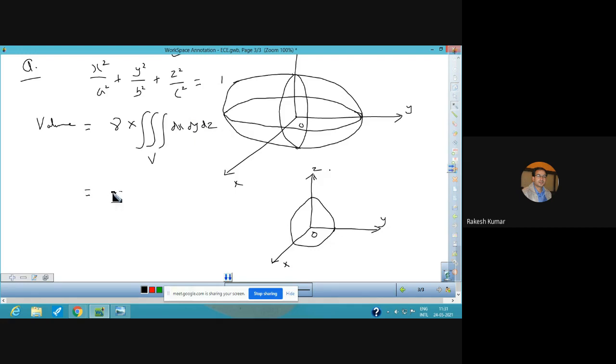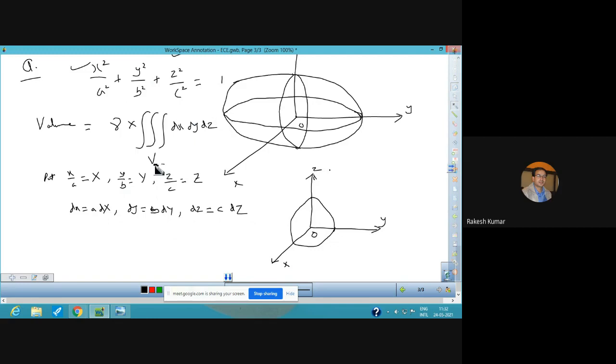Now you can simplify it by converting the ellipsoid into a sphere. For converting the ellipsoid into a sphere, you can use the substitution: put x over a is equal to capital X, y over b is equal to capital Y, and z over c is equal to capital Z. By doing so, you will have dx is equal to a dX, dy is b dY, and dz is c dZ.